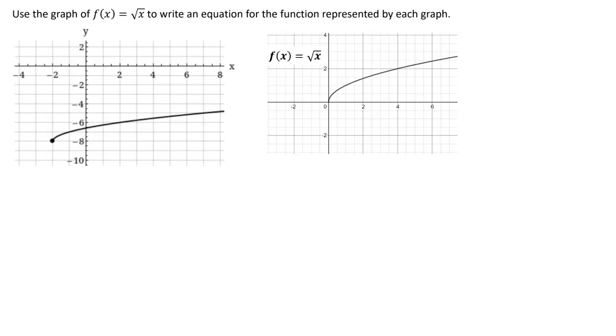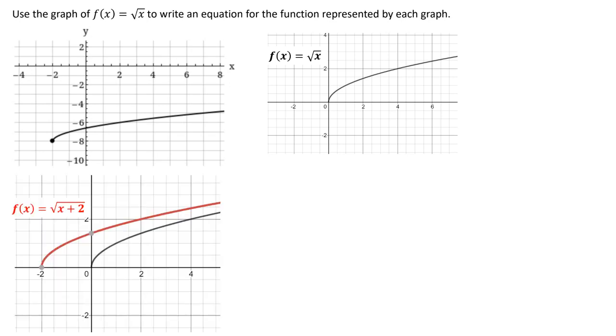So this is our parent function. It's like this. And I know that I had some transformations going on. I had a horizontal shift and I had a vertical shift. So here, to demonstrate that the graph got shifted 2 units to the left, I do something to my x variable, and it's apparent here, x plus 2.